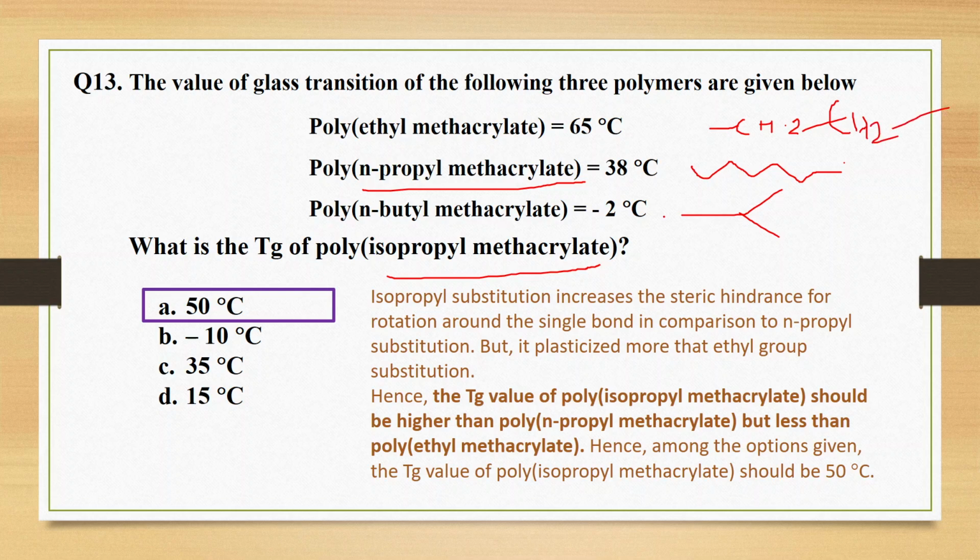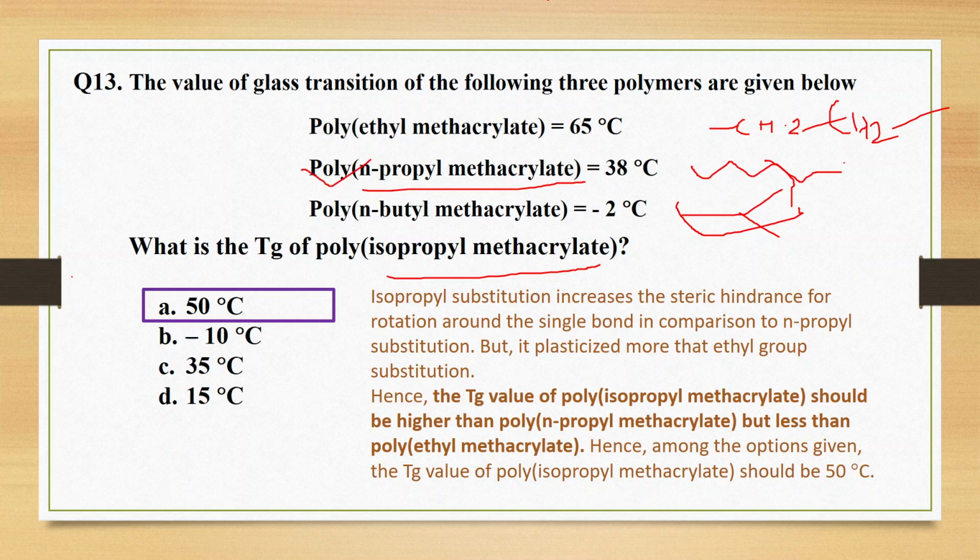But in case of isopropyl, it is like this. So whenever you are transferring it to isopropyl, that means you are increasing the steric hindrance to the polymer. The more you increase the steric hindrance, the Tg value will increase. So the Tg should be greater than the value for your poly N-propyl methacrylate.